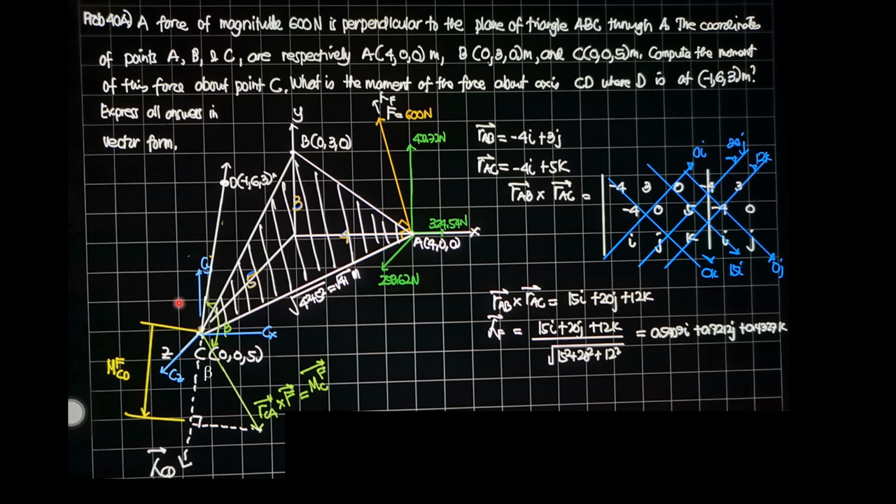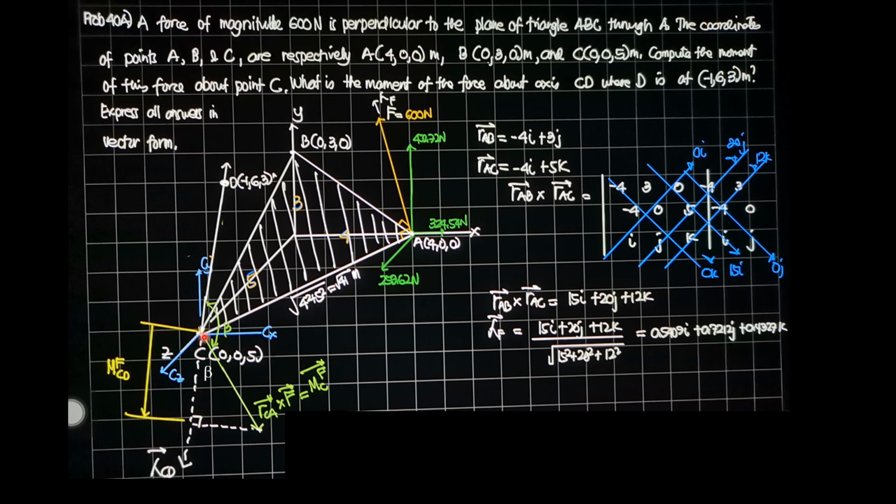So I anticipated that the angle between F and this axis here, the unit vector of this axis, is more than 90 degrees, so the component or the moment of the force about this inclined axis CD here is negative.